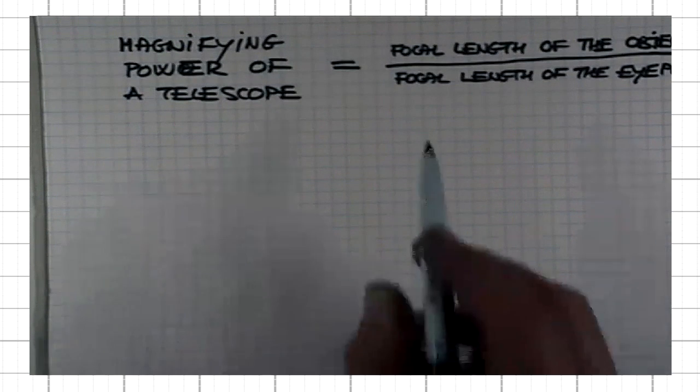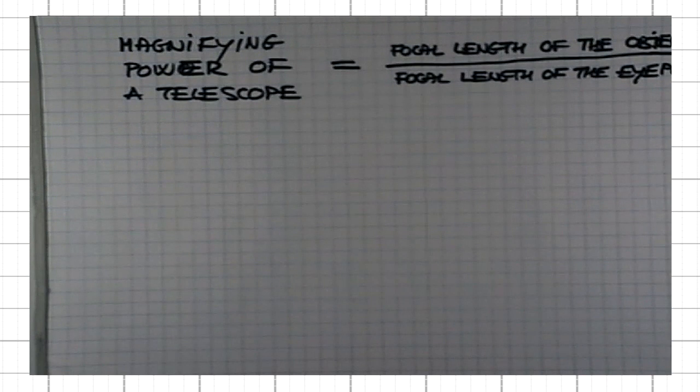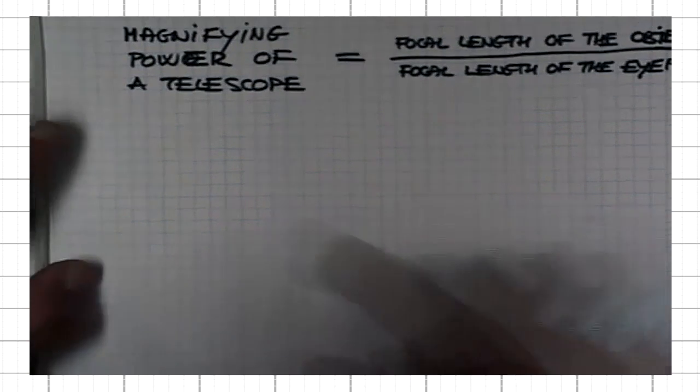If I would use an eyepiece that has a focal length of 0.5 centimeter and still the same objective, which of course I do because that's given with my telescope, you don't change objectives as you do eyepiece lenses. If I go to 0.5 centimeter focal length of the eyepiece with 1 meter focal length of the objective, I would get a magnification of 200.